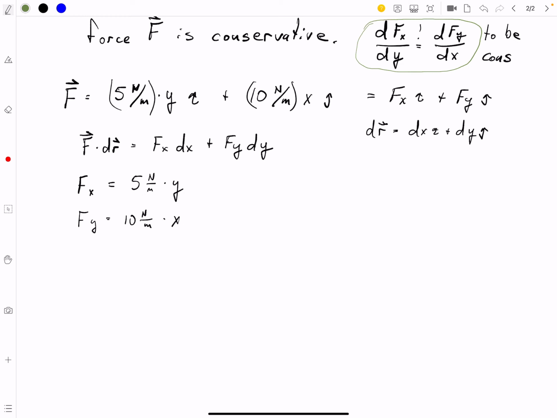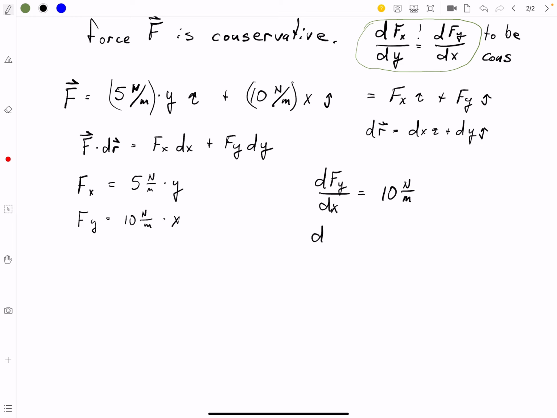Okay, so we're going to take the derivative of F of y with respect to x, and that's going to be 10 newtons per meter.